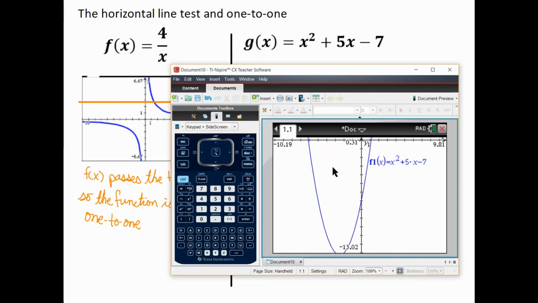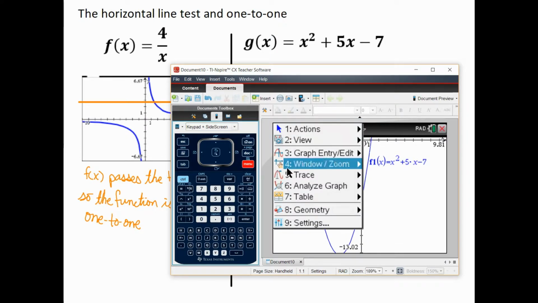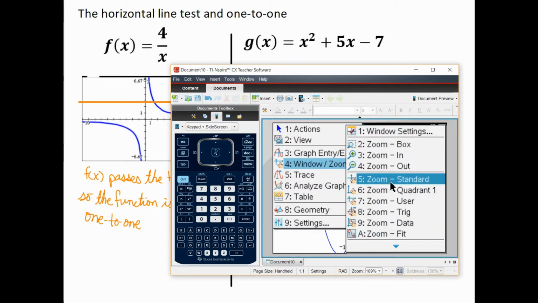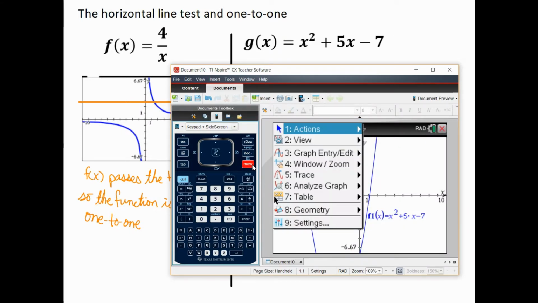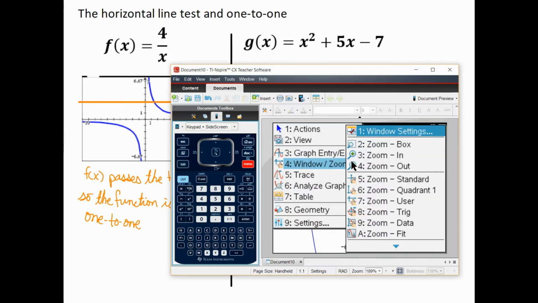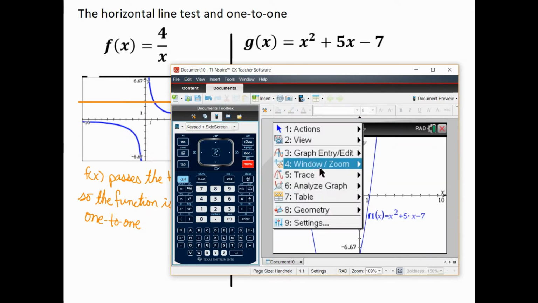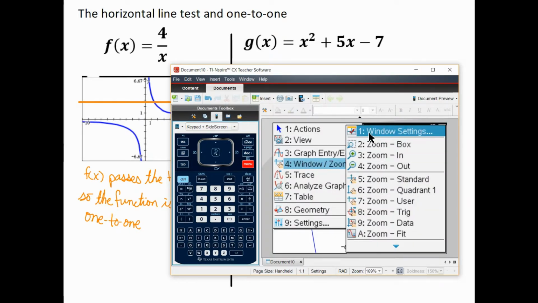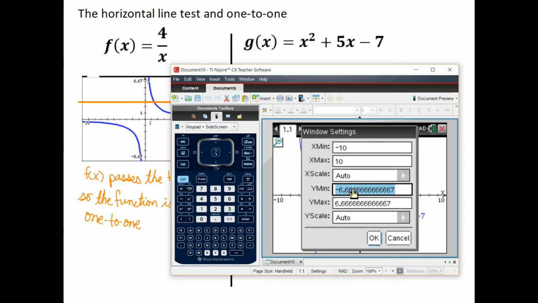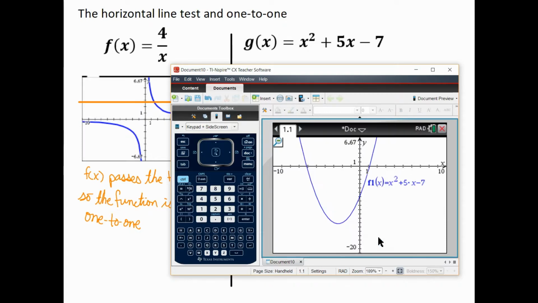And let me switch this up. Zoom standard. And let's just change the y value to, I don't know, let's go with -20. Maybe that'll work. Awesome. That is an excellent picture.